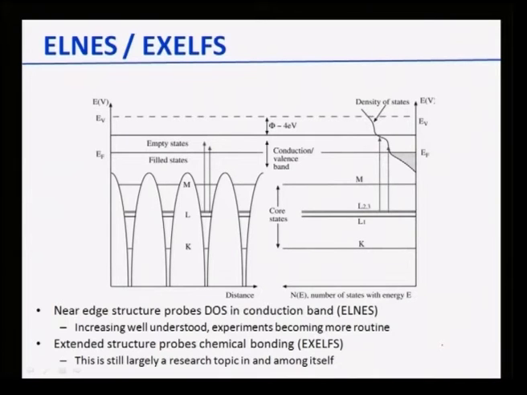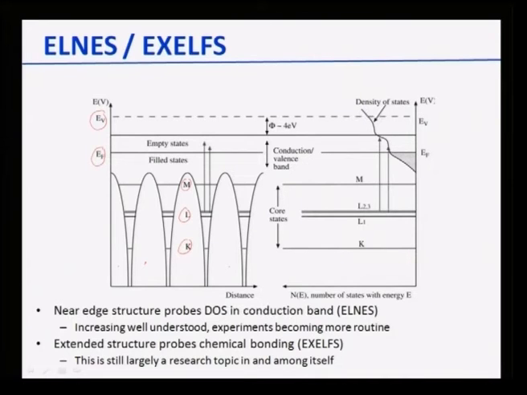So let us now talk in terms of schematic pictures. This is the energy band. You see this is an EV versus distance plot on the left side, and this is the Fermi level, this is the valence band EV, and these are different atoms 1, 2, 3, 4, 5. Within one atom, electrons are sitting in K, L, M, N, O, P, but these are the 3 inner shells which are shown, and this is the conduction band.